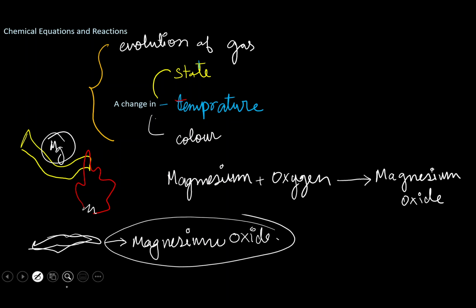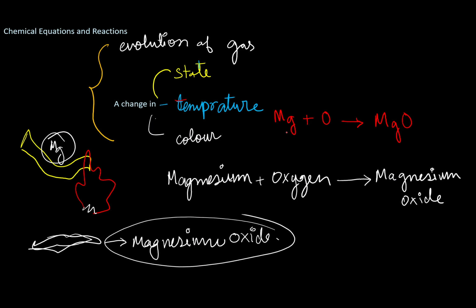Now, if you remember, in ninth standard we learned about the different elements and their symbols, right? Symbols mean how to denote them in a shorter way. Magnesium is shown as Mg, oxygen is O, and magnesium oxide is MgO.